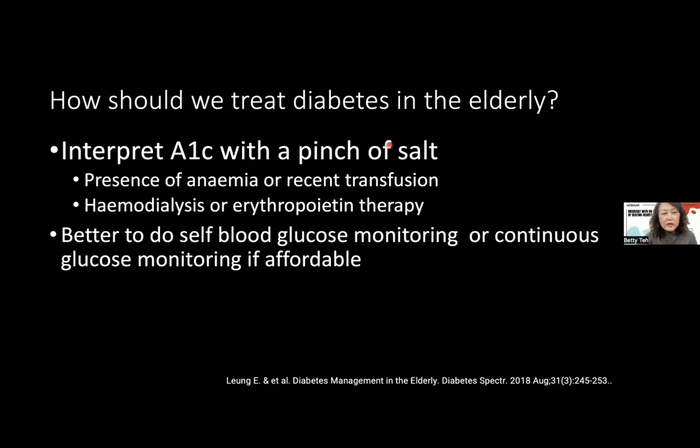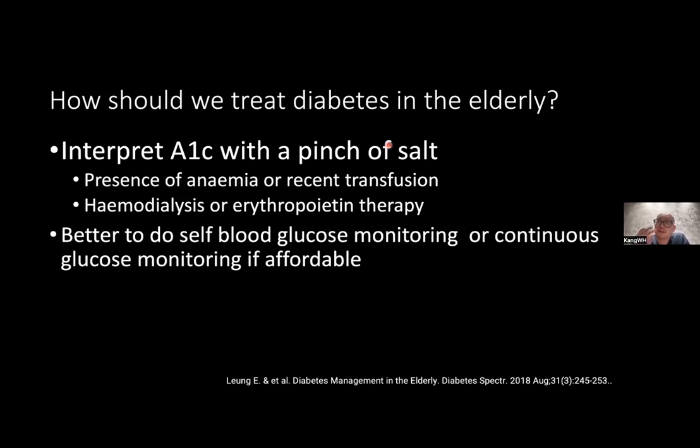I see. You said that the presence of anemia or recent transfusion can change your HbA1c. Does it bring it down or up? If you have anemia, then it will be falsely lowered. For instance, if your Hb is 7 and your A1C is 5%, you see, wow, it's very good.